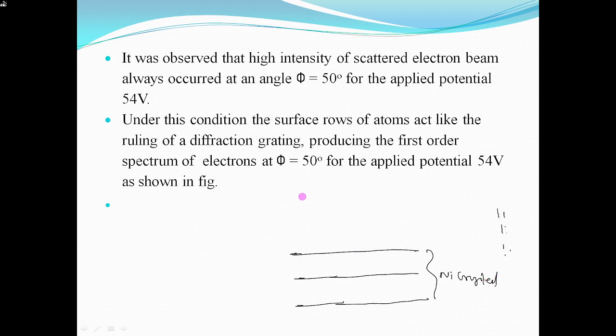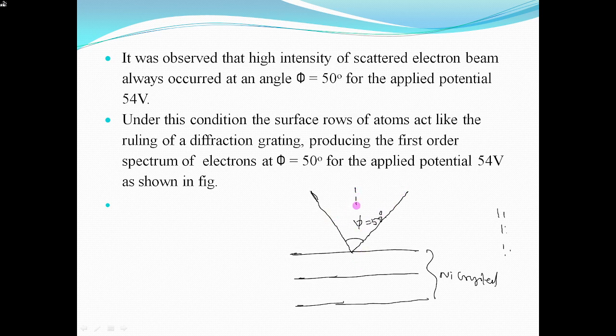When the electron beam falls on the nickel crystal, it gets diffracted. The maximum angle of diffraction is found at phi equal to 50 degrees.